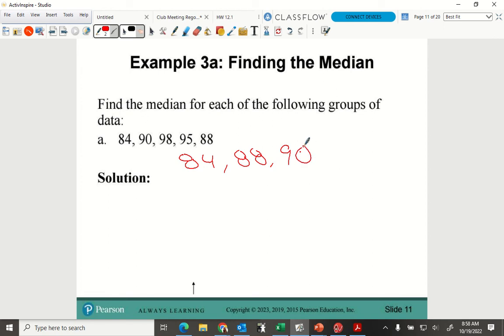What comes after that? 95 and 98. To find the middle number, the easiest way I think is to mark off one from either side. Bam, bam. So the middle number is 90.